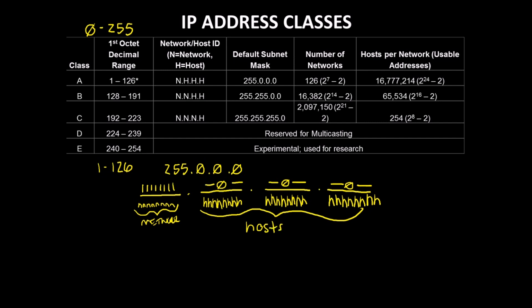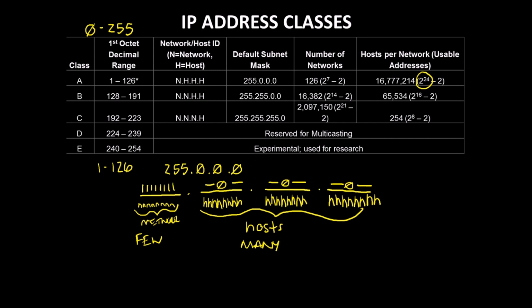So what we have here is very few networks, but very many hosts. And we can see that here. The total number of networks is only 126, whereas the total number of hosts is 16,777,214.